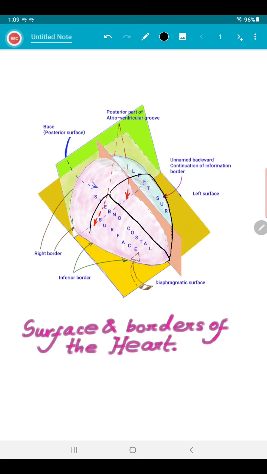So only 1/3 of the sternocostal surface is by the left ventricle, and 2/3 is formed by the right ventricle.